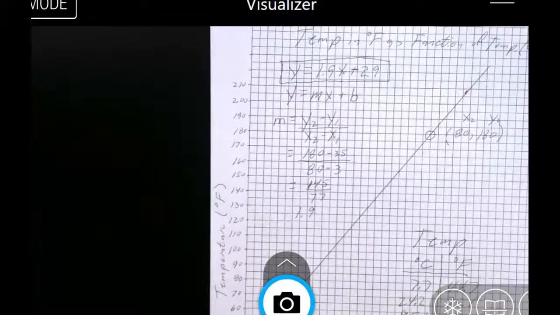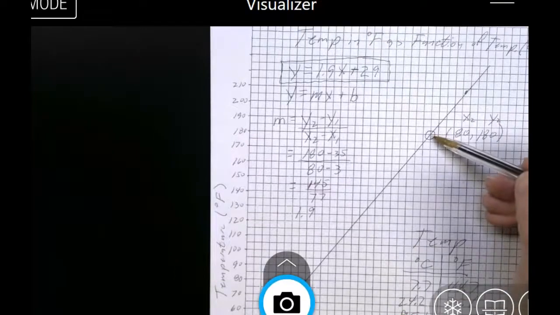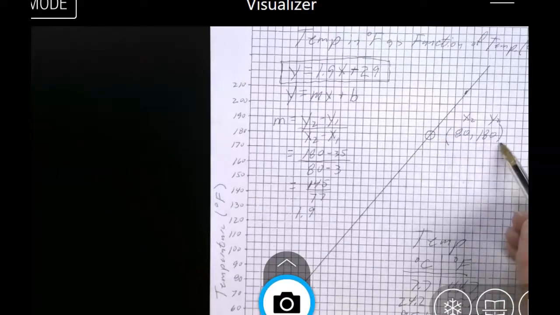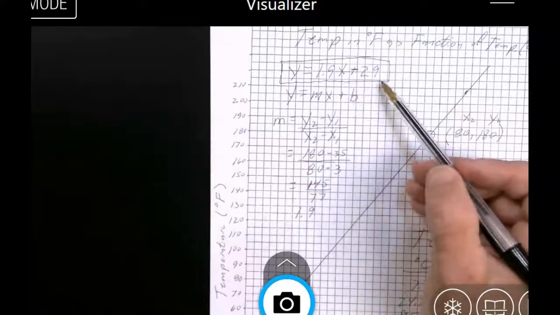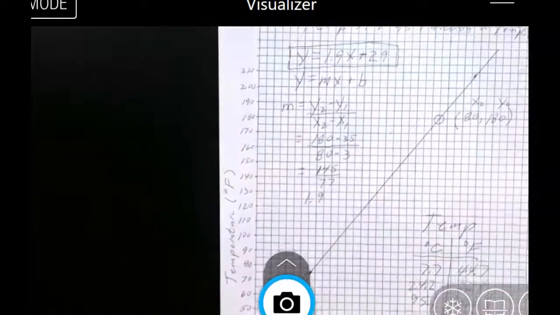I've done my line of best fit. I've circled the 2 points that I'm using to calculate my line of best fit. I've labeled the coordinates. Then I've done my algebra to find out the equation for the line, found the slope, and read the y-intercept. And I've included my data table.